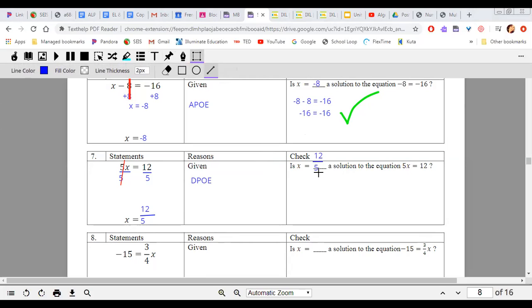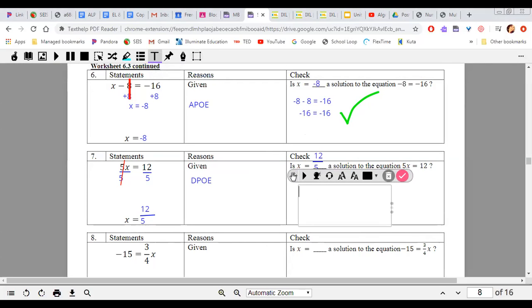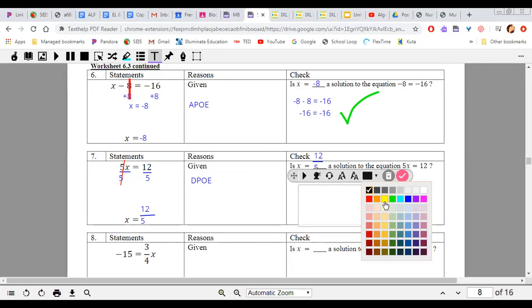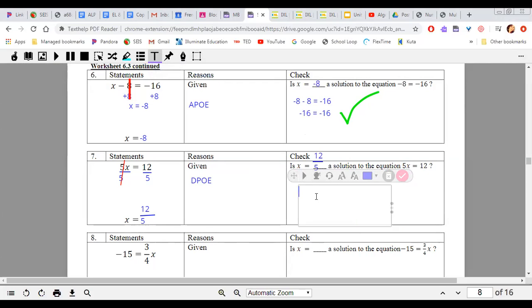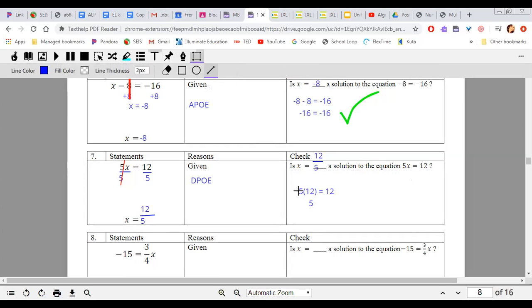Let's see, we got 12 over 5. I'm rewriting my problem. So I have 5x, 5 times 12 equals 12, and then 5 over here. And right there.